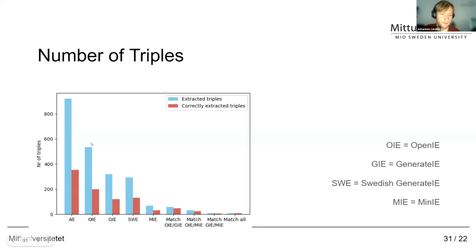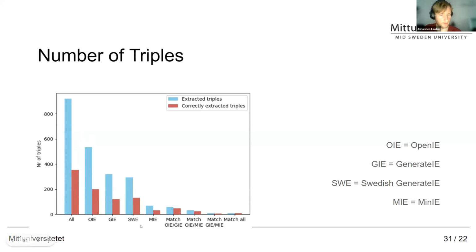For OpenIE, there's almost half of the triples, and the correct is also halved to 200.